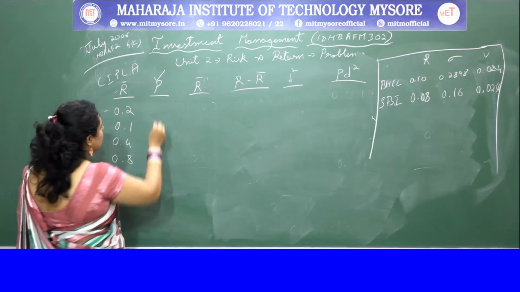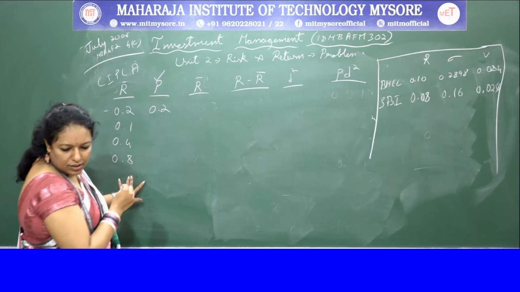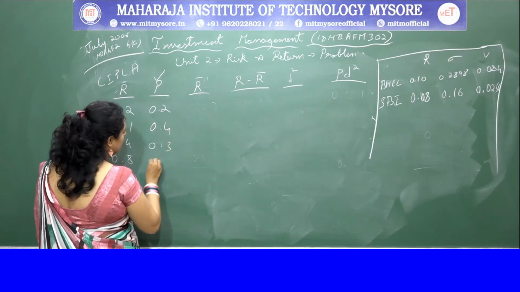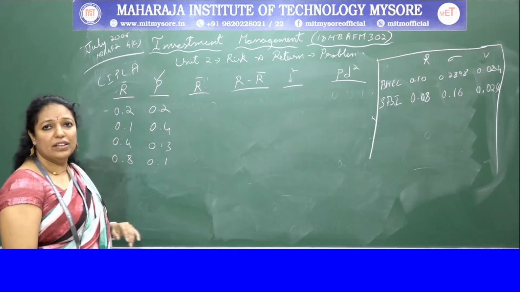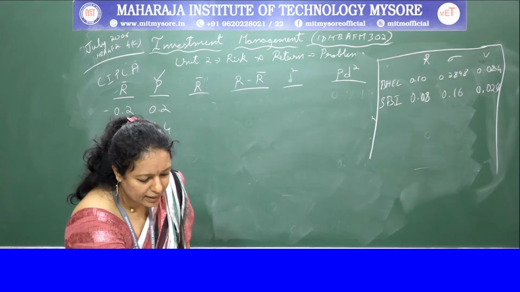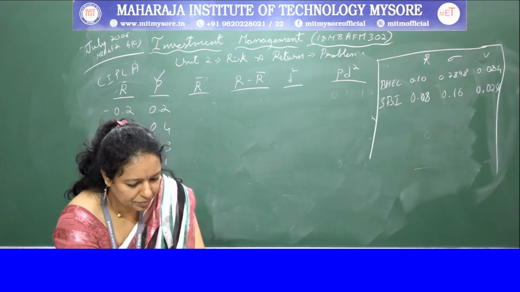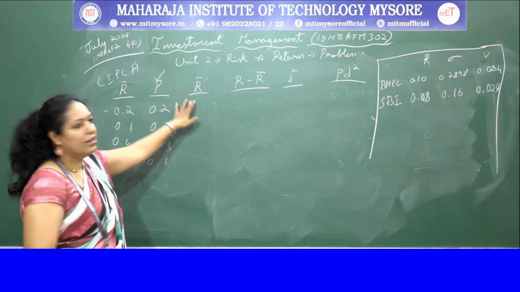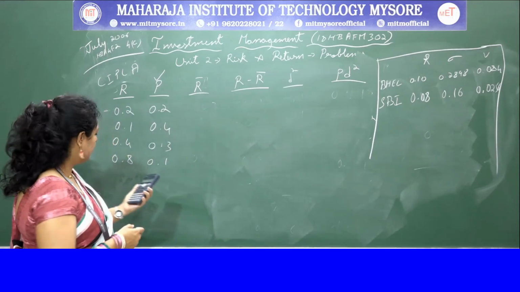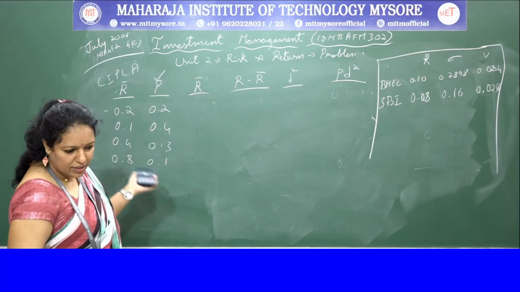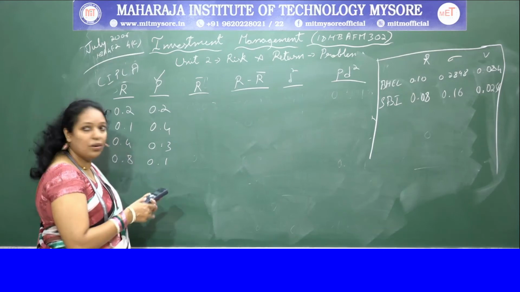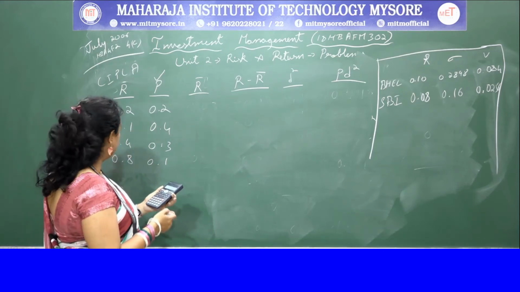Okay, and 0.2, 0.4, 0.3 and 0.1. So this is the problem. So to solve this problem, let's do the R again. The data which I have written is right. To solve this, let's put on the data.